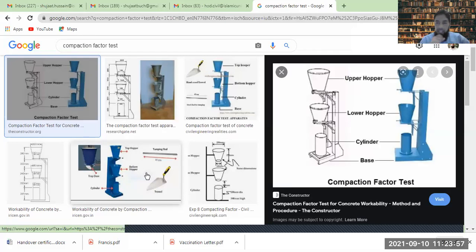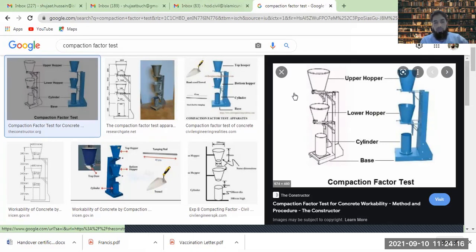So what does that tell you? If there is an abrasion, it's depicting the ease of compaction or the ease of workability of the concrete. So ultimately, from the lower hopper, it's going down into the cylinder or into the base.